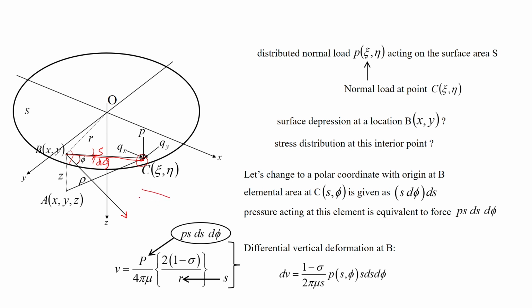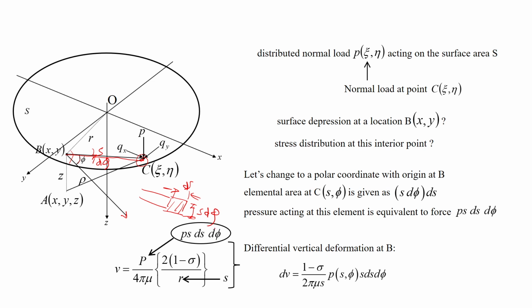Here this distance is ds and this distance is S d phi. So, the load that has been applied on this area will be given as P into S into ds into d phi.